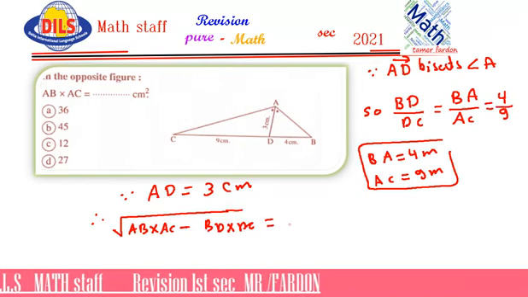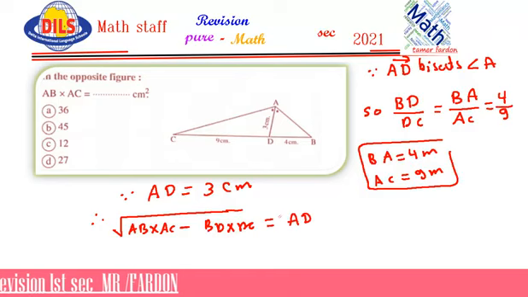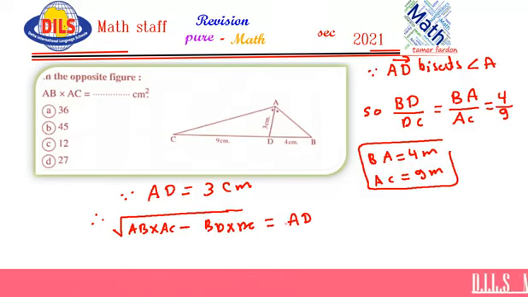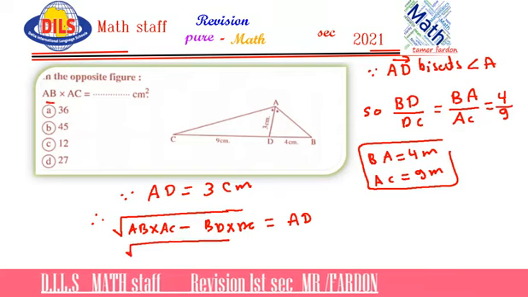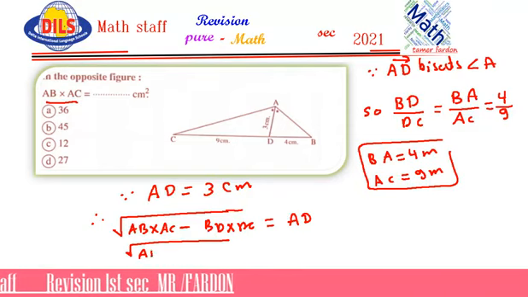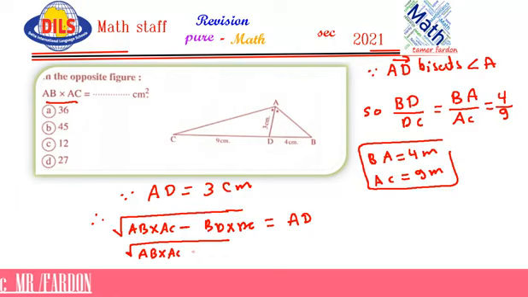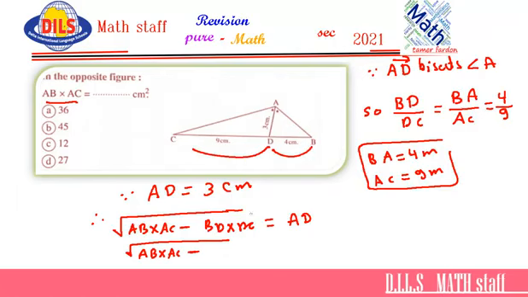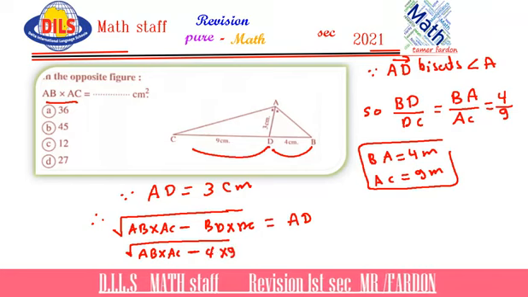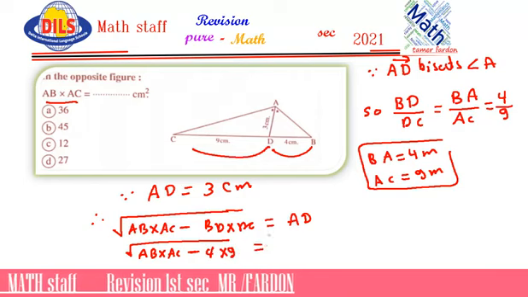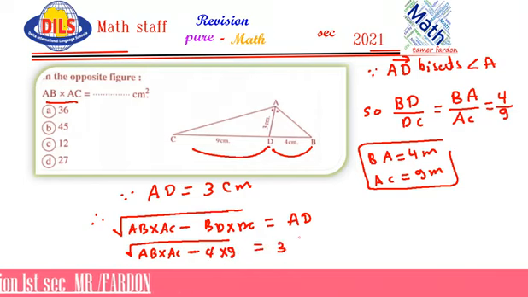From it we can find the length of AD. So the square root of AB times AC, the required, minus BD times DC, which equals 4 to 9, equals AD, which equals 3.